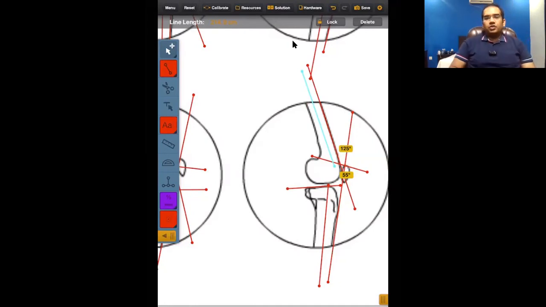What I need to tell you right now is, let's say there is 26 degrees of flexion contracture, and I want to correct the deformity. Obviously, correcting the deformity will not correct the entire flexion attitude of the knee.